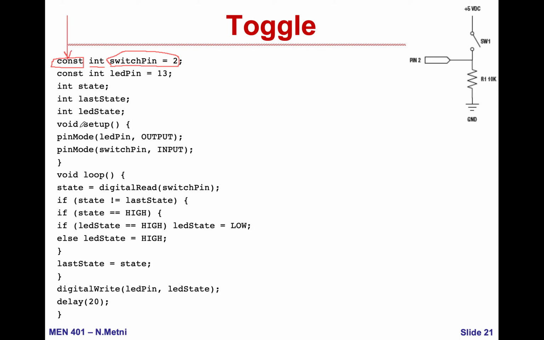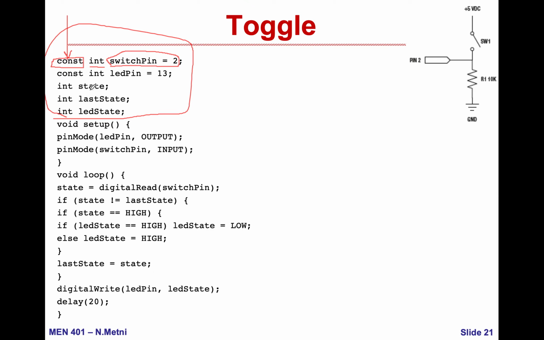Number 2, as you can see, all these definitions are outside the void setup and outside the void loop, because these can be used in both. If I define these inside the void setup, they will not be known inside the void loop. So I put them outside the two functions in order to be global for both.